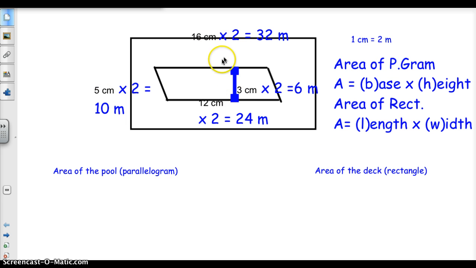So let's find the pool first, because I need to know what is the total area that the pool takes up. That's one of the questions. So I see here that it is base times height, so A equals B times height.